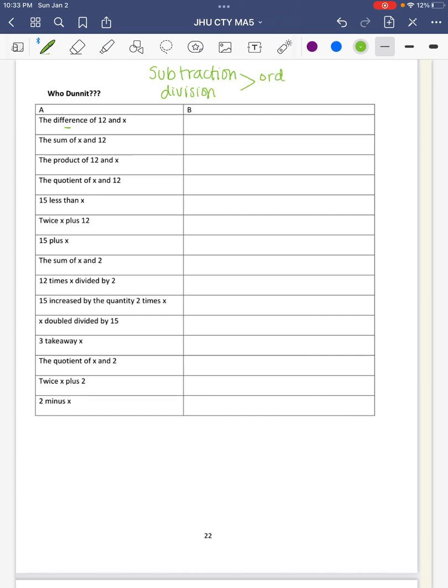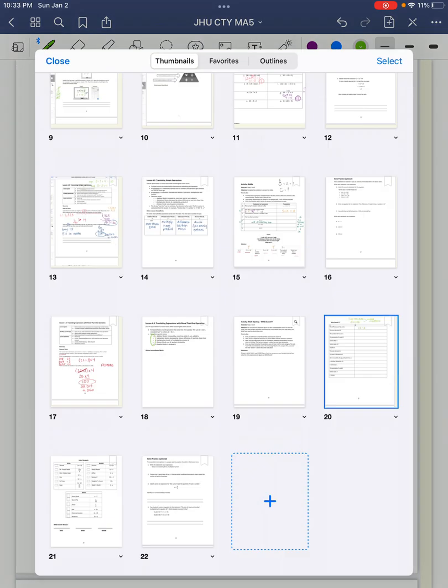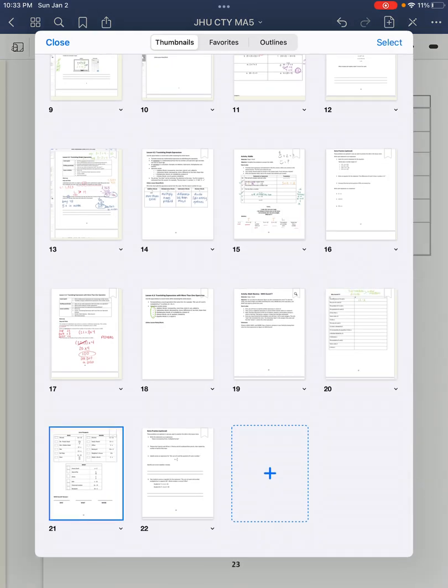Those are things to remember. So when things are written a certain way in a word problem, you do have to express that. So the difference of 12 and x is 12 minus x. Pretty simple.